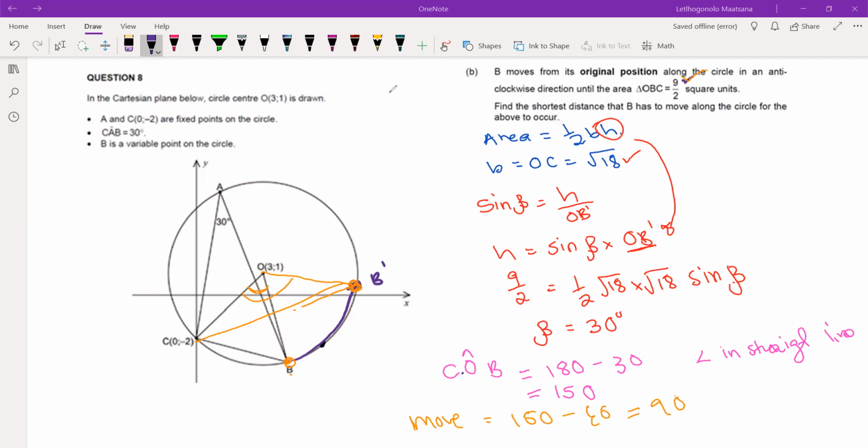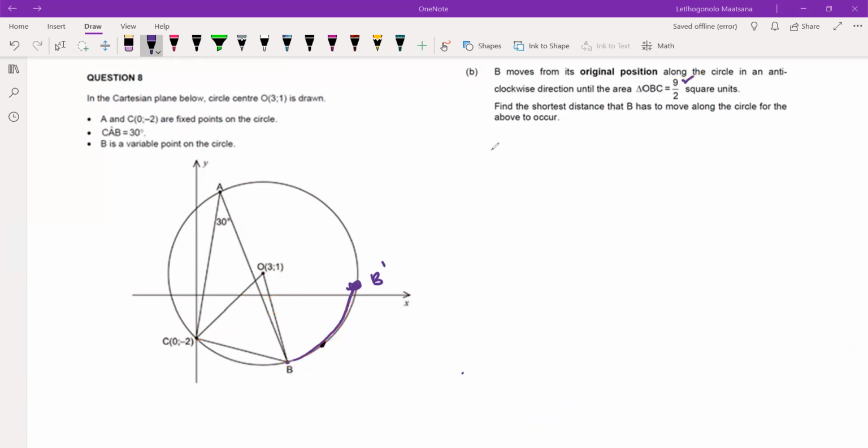So we are then going to look for the shortest distance it had to travel along the circle. So we're looking for that arc here, right? This is then part of the circumference of our circle. So what we will do is we understand that the circumference is given by the equation 2 pi r, but we're not looking for all of it.